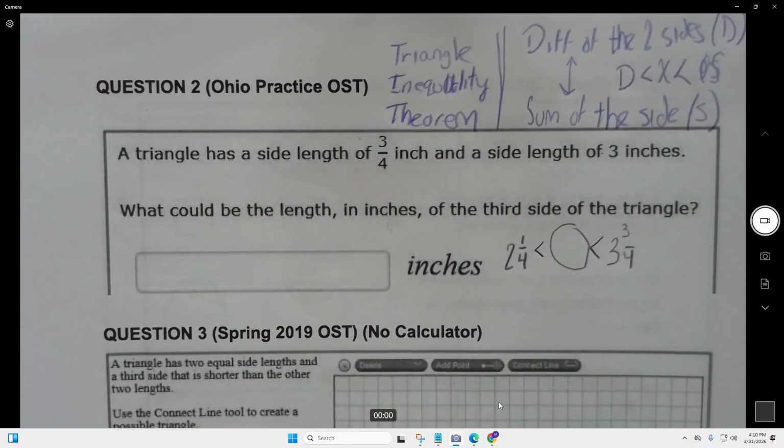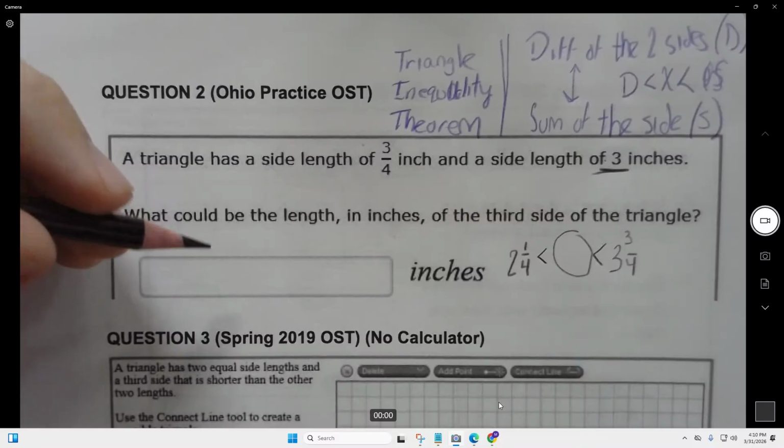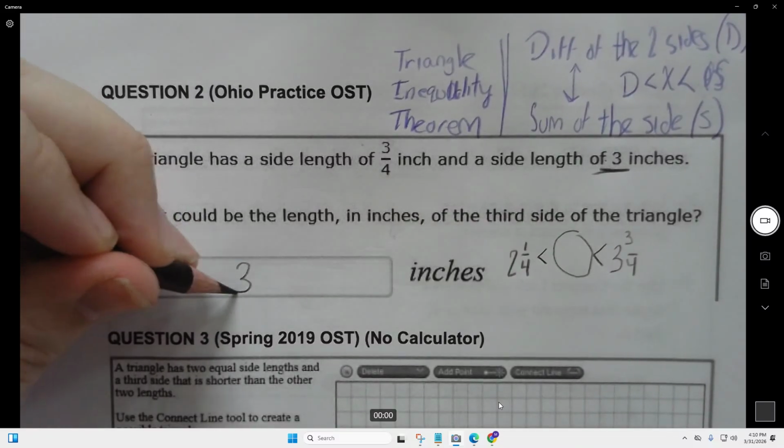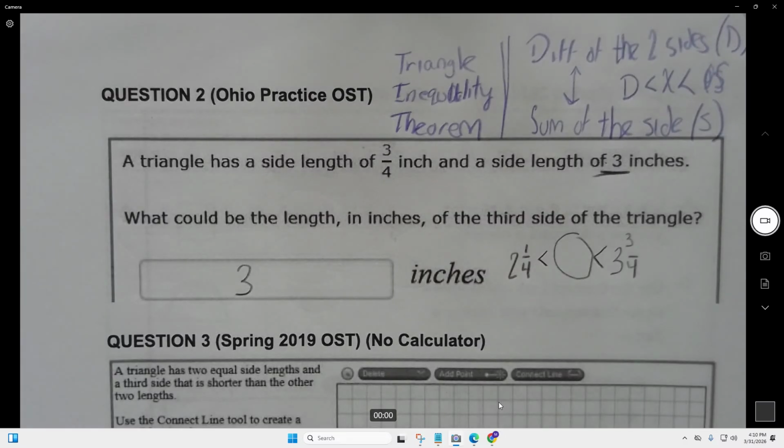Here's the trick to this question. You can always just pick the larger of the two sides. Just pick 3. It's an isosceles triangle.